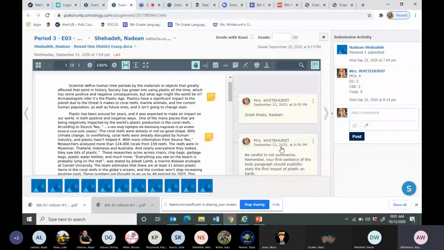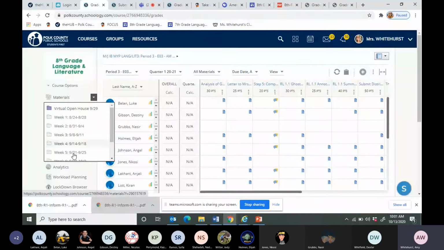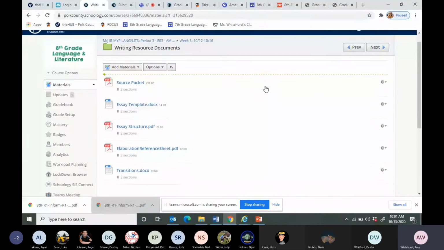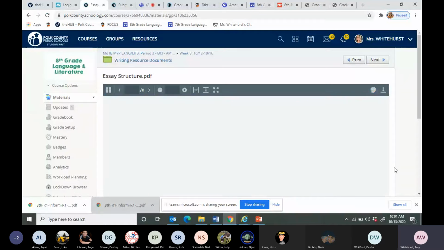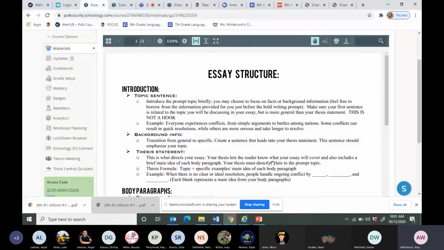Instead, I want you to also look at those writing resource papers and see, how else can I improve this? How else can I make it better? You know, Ms. Picker didn't explicitly comment on this exact sentence of elaboration, but how can I make this elaboration stronger? I want you to look at essay structure or essay template and step by step think, how can I make this stronger?